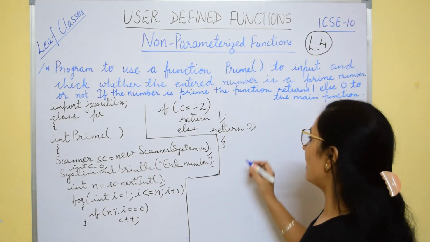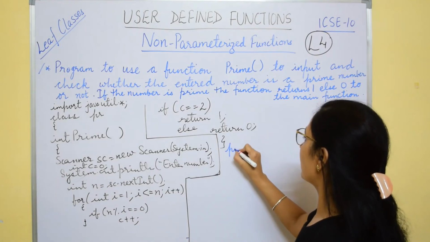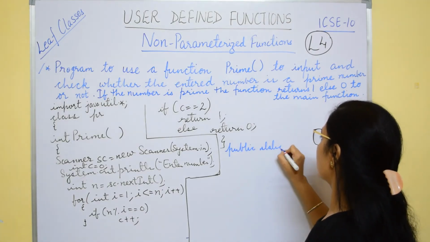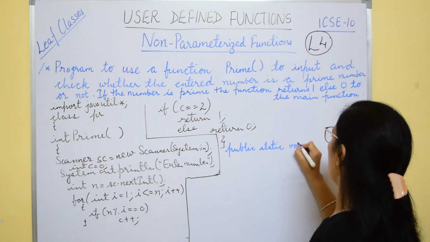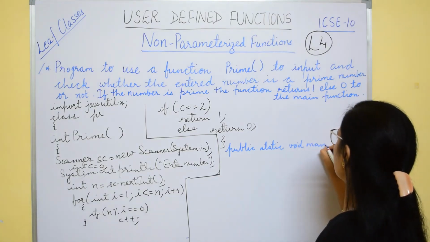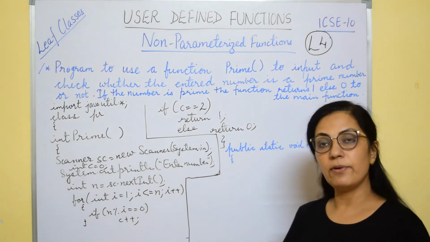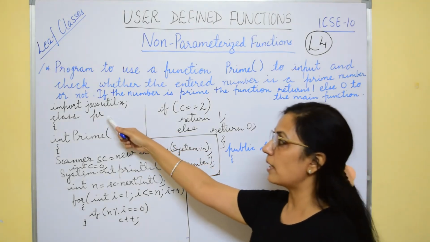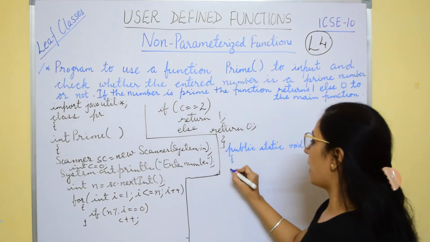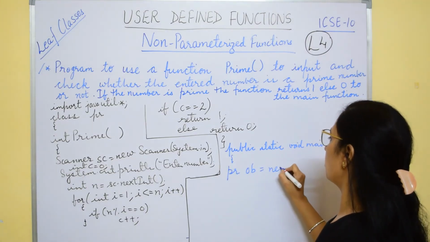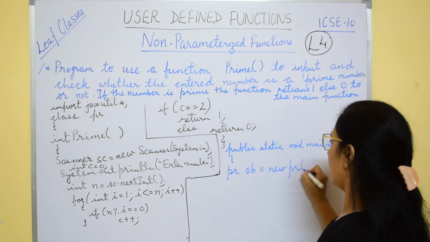So here we write the main function, public static void main. Now the first step is to create the object for this particular class, that is PR OB equals to new PR, right?